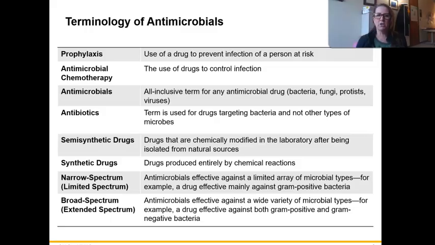Once they figured out what was the causative agent of his pneumonia, then they would put him on a narrow spectrum antibiotic. So we're thinking about broad spectrum. The example here is a drug that's against both gram-positive and gram-negative bacteria, whereas a narrow spectrum would target just one or the other.